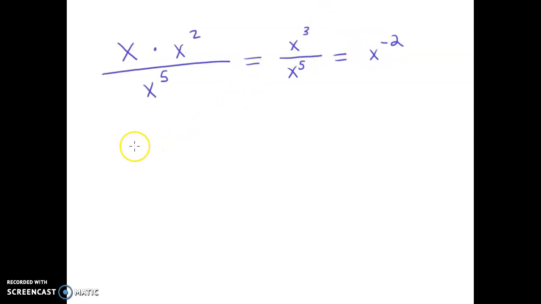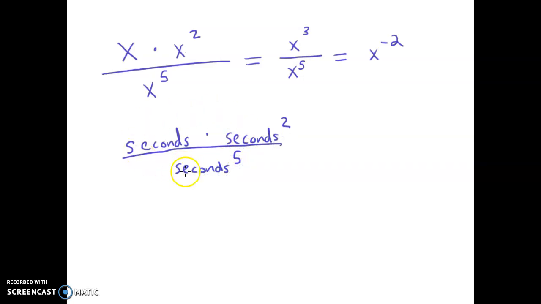Now, very similarly, if I wrote seconds times seconds squared over seconds to the fifth, if some problem had led me to make this multiplication and division, I would treat these seconds as if they were one variable.